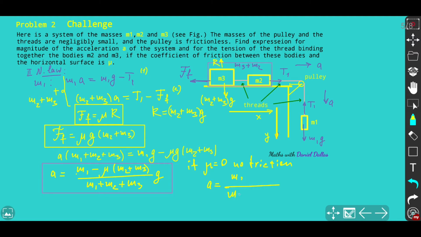I'll mark the total mass of the system as m total. So that's going to be a fraction m1 to m total. As you understand here, m1 is the mass of the hanging object that, due to gravity, pulls the rest of the system.